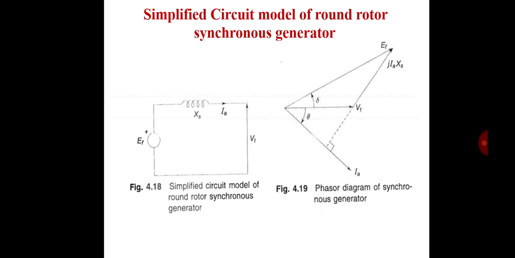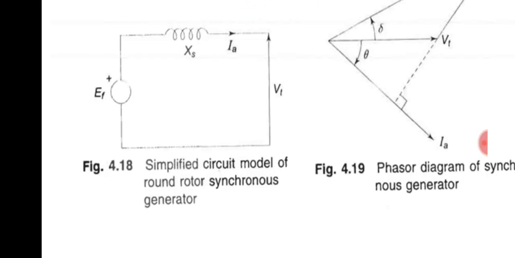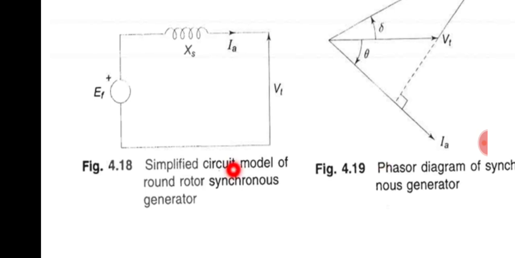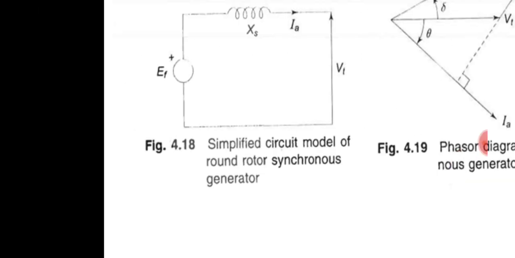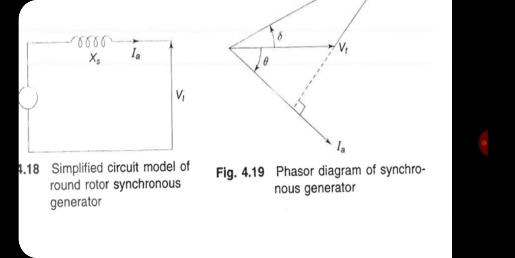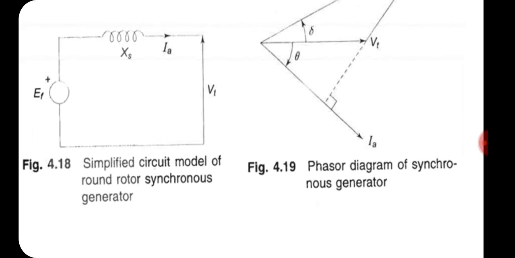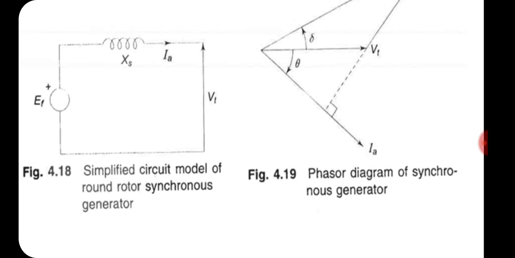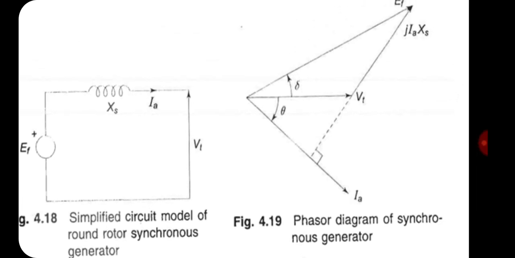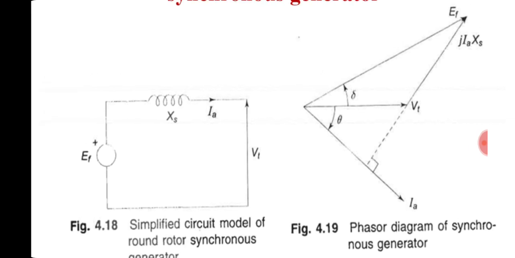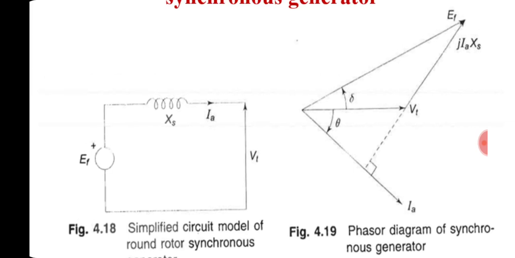Here we see the simplified circuit model of the round rotor generator. Here we neglected resistance, and EF is the generator EMF. XS is equal to XL plus XA. So the equation becomes Vt equal to EF minus j Ia into XS, and this is represented as a phasor diagram.